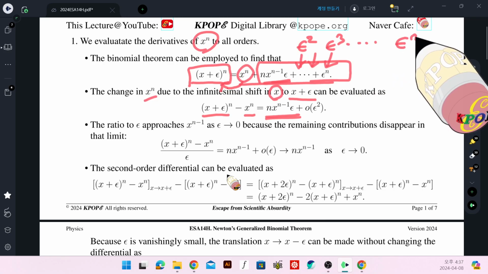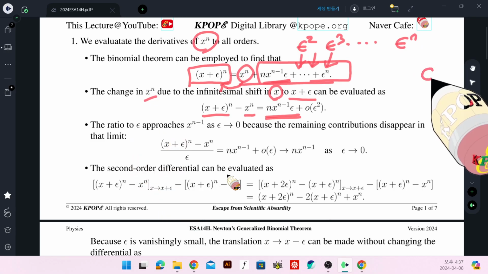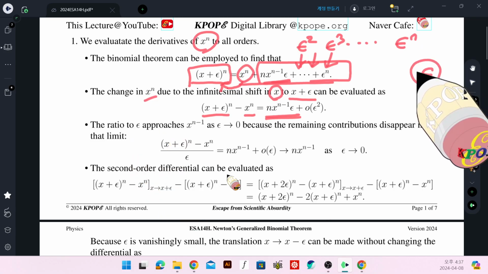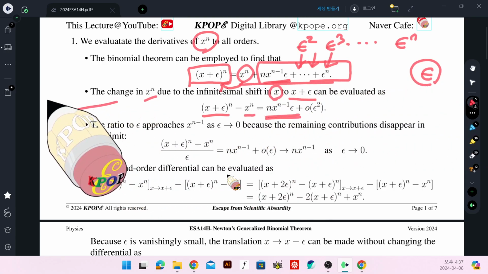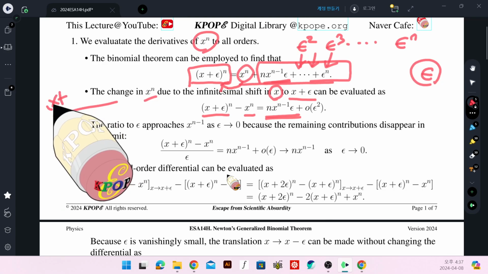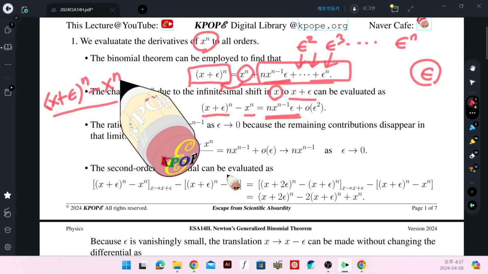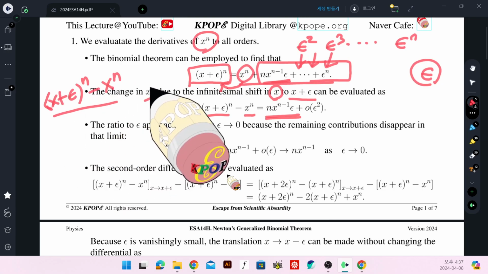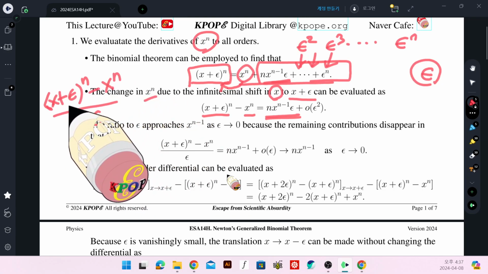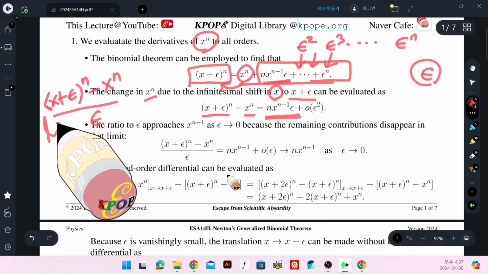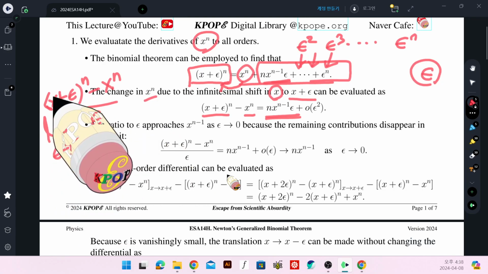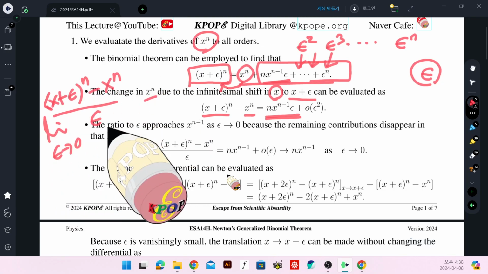Epsilon is the shift in the variable x, so the derivative can be computed by evaluating the infinitesimal shift of the function relative to the shift in the argument. And if we take the limit as epsilon goes to 0, then I can get the first order derivative of the function x to the n.